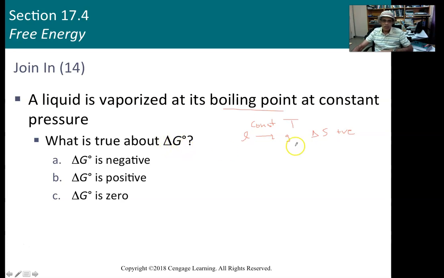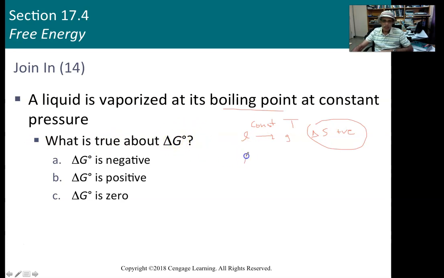What is important here is that you cannot just make your determination from this positive value, because if it's a positive value, we'll say that the system is spontaneous. But we need to work out how that relates to delta G.